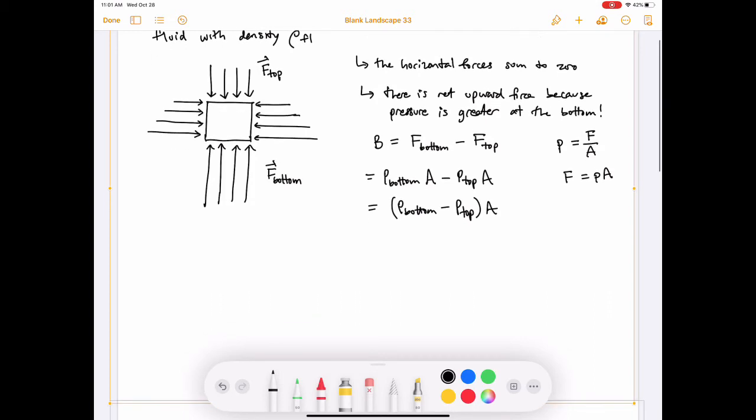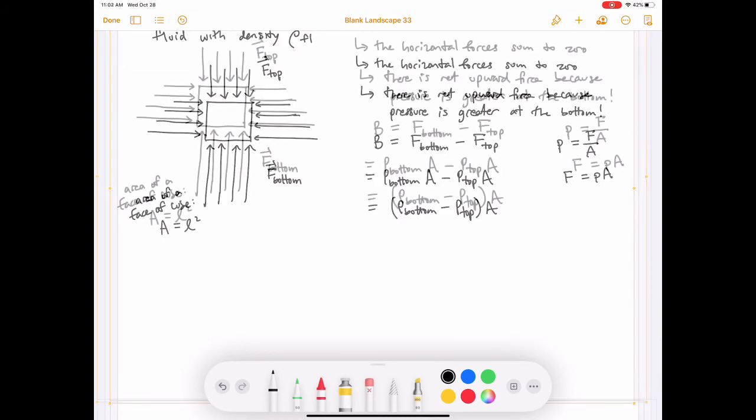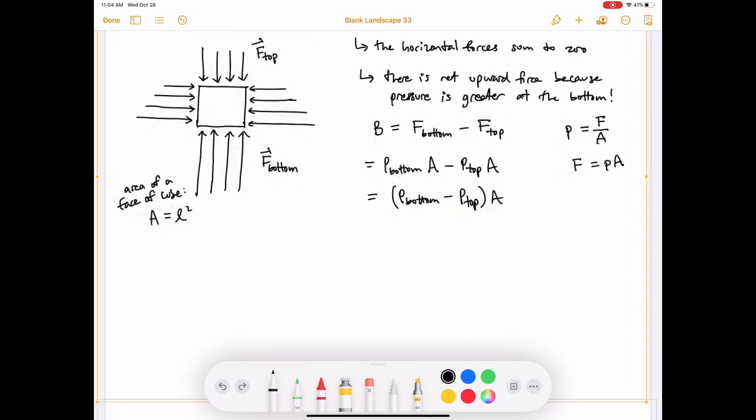Okay, so what can we do with this next? Well, A is the area of a face of the cube. So that would be a square area, which should be L squared. Okay, so we can also remember how pressure changes with depth.